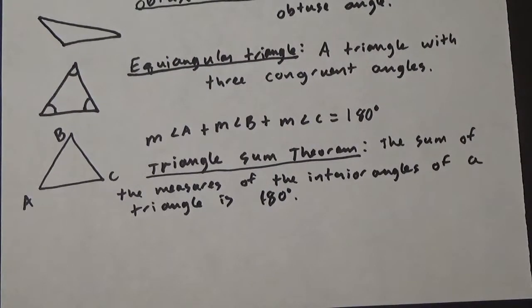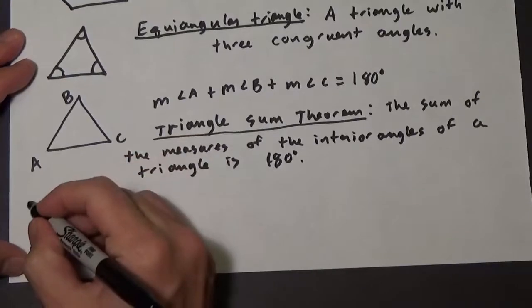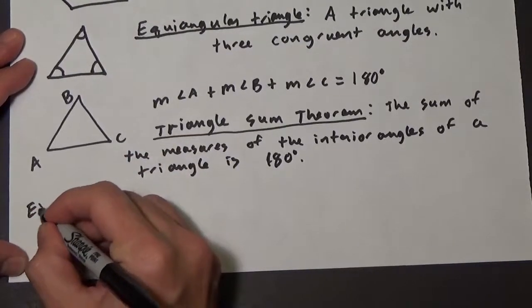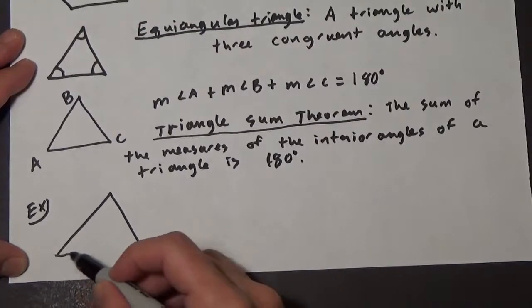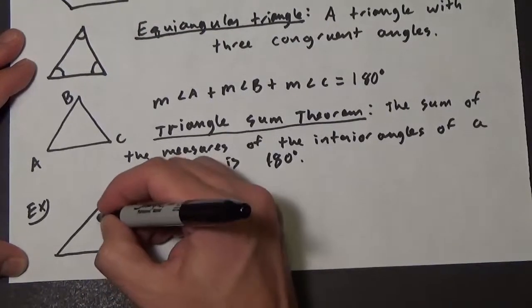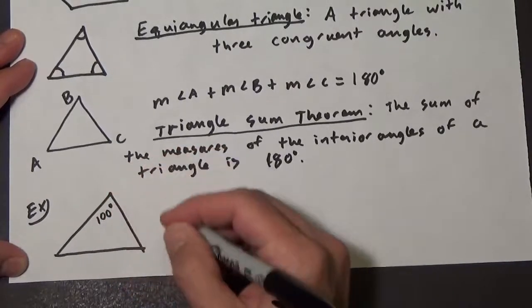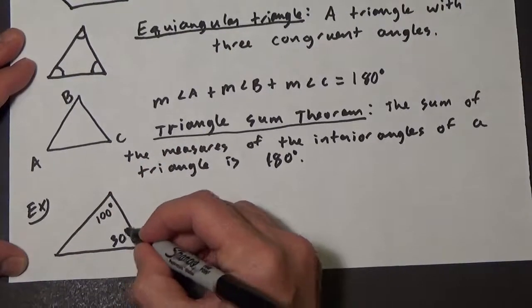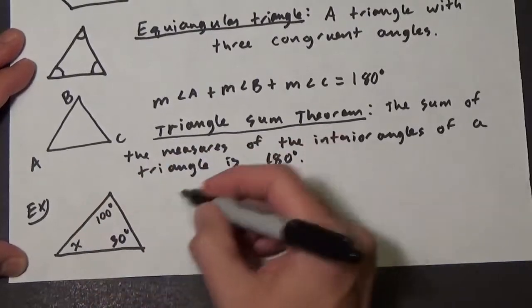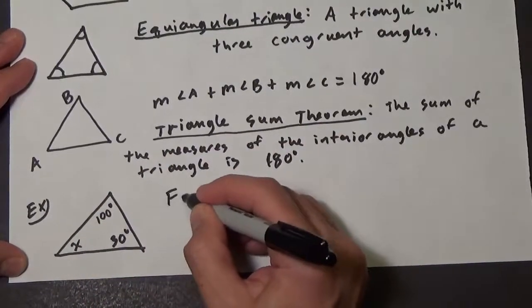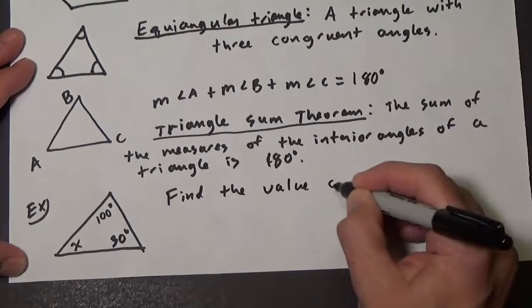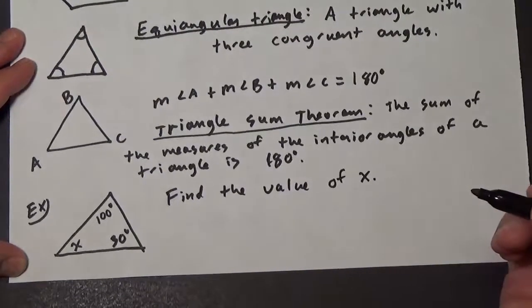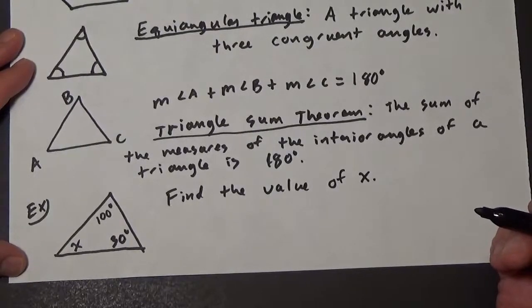So I think I can squeeze in an example down here. Let's say we have this figure. This is 100 degrees, 30 degrees, and x. And we want to find the value of x. This is pretty straightforward.